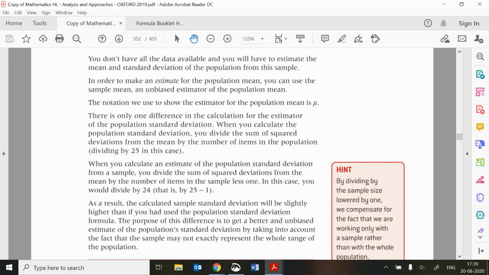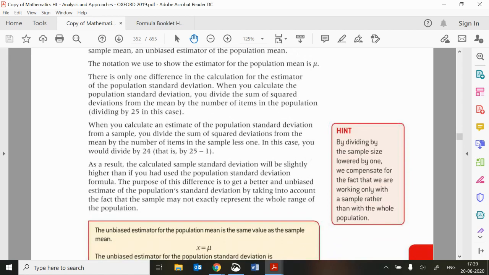Our course doesn't go any further than that. X bar is as good as you're going to get for your population mean. We shouldn't add one to it or take one off it. It's likely to be in the center. It's probably not going to be the same as the population mean, but it's the best estimator that we can come up with. However, that's not the same case for the standard deviation.